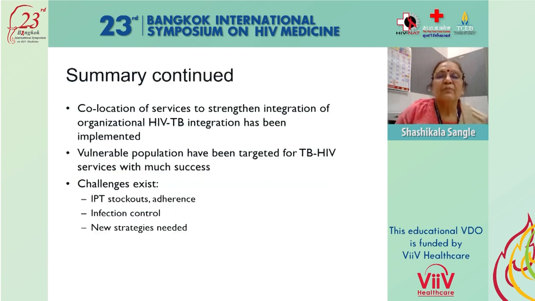Co-location to strengthen the HIV/TB integration has been implemented already. Vulnerable populations have been targeted for TB/HIV services with much success. However, the challenges still exist, which include IPT stockout, adherence, and infection control, and hence new strategies are needed to have a further successful program.